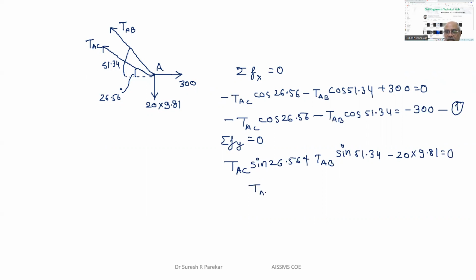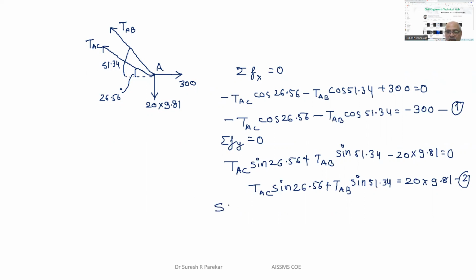And we will have equation TAC sin 26.56 plus TAB sin 51.34, and that is equal to 20 into 9.81. Equation 2.